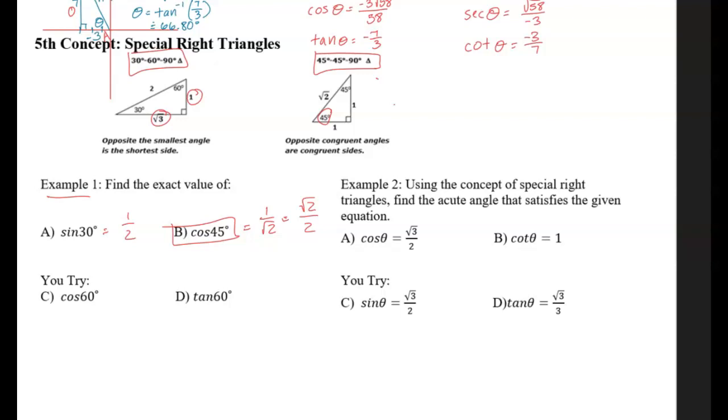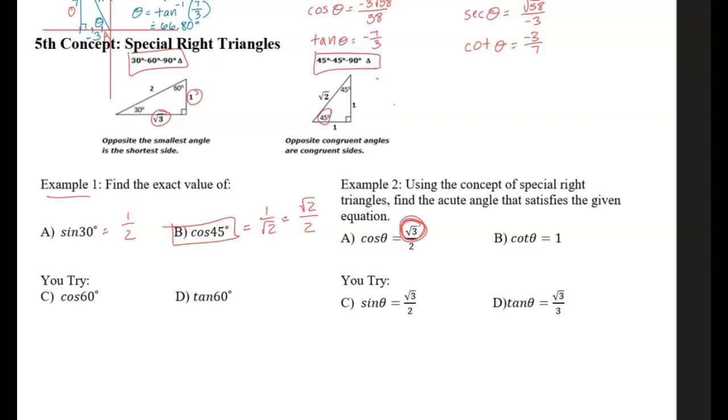We are trying to find the missing angles. So looking at this first portion, part A, it says the square root of 3 over 2. Now, what I do is I remember, okay, which one, 45, 45, 90, or 30, 60, 90, has a square root of 3 in it with its ratios?